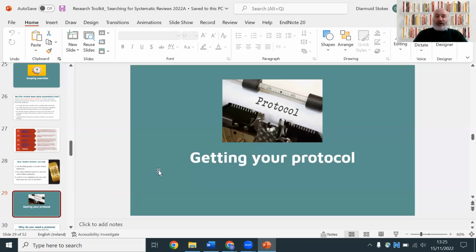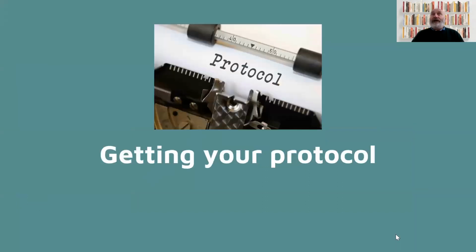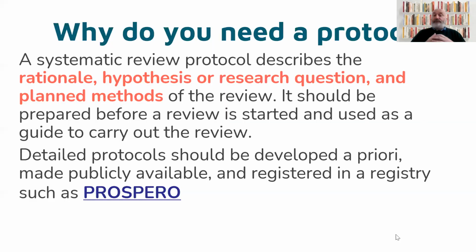I'm going to be talking about one of the other important parts, particularly the starting point, which is where you get your protocol. You cannot start a systematic review without developing or writing up a protocol. The protocol describes the rationale, hypothesis, research question, and planned methods of the review.